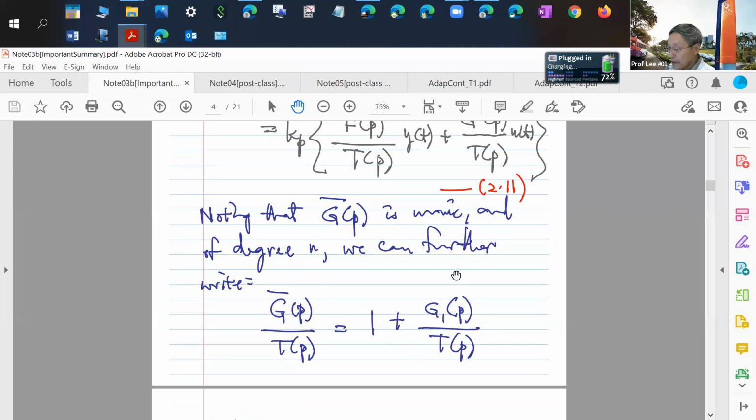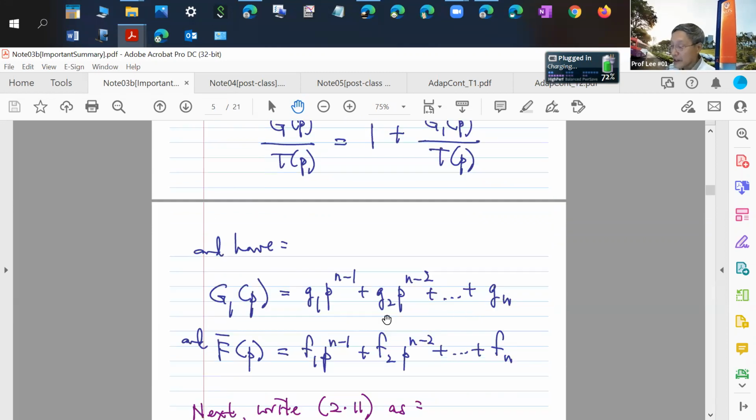So this will be 1 plus G1 over T. G1 will be of degree n minus 1, and now not necessarily monic, right? So now we can write it out like that. All right, write it out in full like that. The G1 polynomial is G1 p^(n-1), G2 p^(n-2), all the way to Gn. The F bar polynomial, also of degree n minus 1, F1, F2 to Fn.